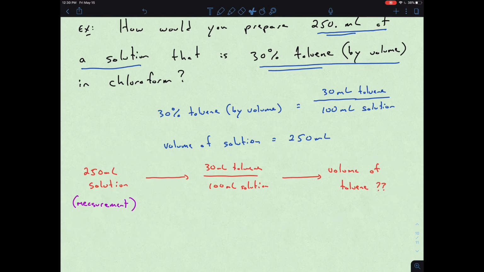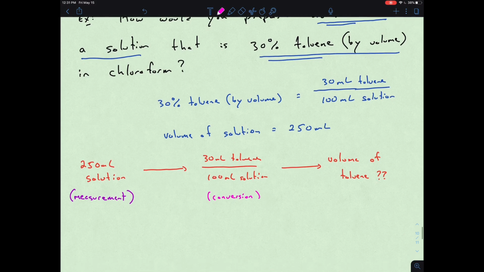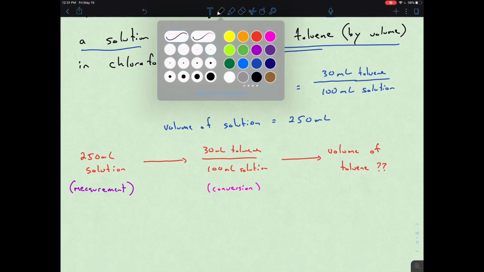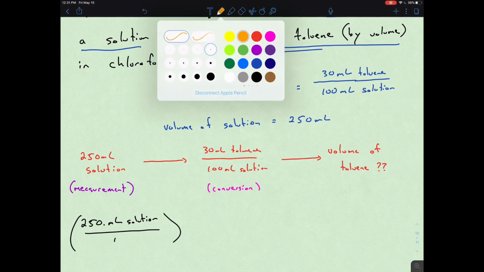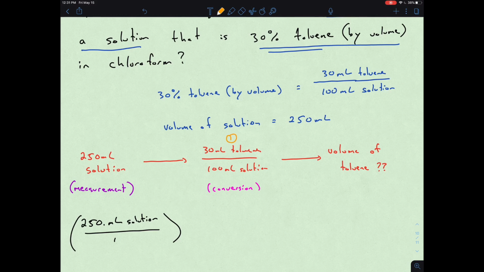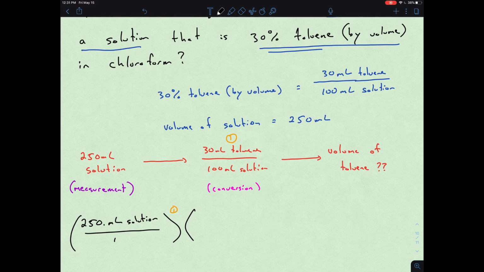So that's the game plan. We're going to take the volume and apply the conversion feature, which is what we see in the middle. Remember, conversions are often highlighted by the fact that they have a numerator and a denominator. We start with that measurement of the solution, 250 milliliters, and apply the conversion in the middle, setting it up so that the volume cancels out.